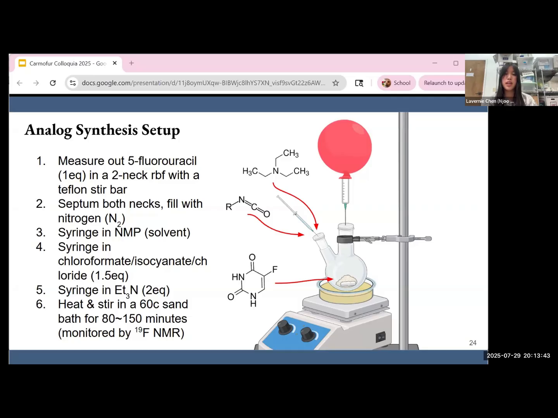It could be the chloroformate, isocyanate, or chloride, depending on which analog we're making. Then we add the base, which is triethylamine, and we use that to help speed up the reaction. All of this is stirred at 60 degrees Celsius in a sand bath, and we are able to monitor the reaction through 19F NMR by seeing how the ppms shift over time.